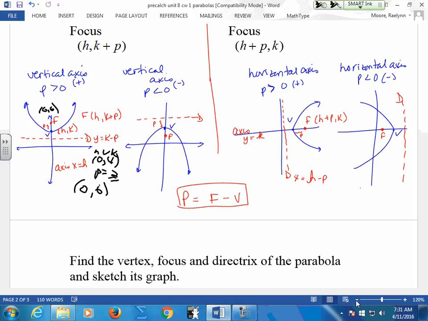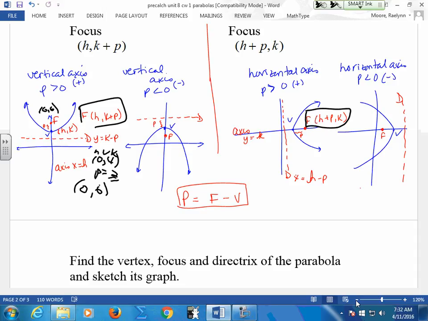This is the formula for your focus when it's opening up for this one. This one's changing over here. Yes? So your focus would just be 0, 6. That's how simple it is. But when you use the formulas, notice this formula versus this formula. I want you to see the difference. This formula is keeping the same y value because this has a horizontal shift. This is keeping the same x value because this has a vertical shift.